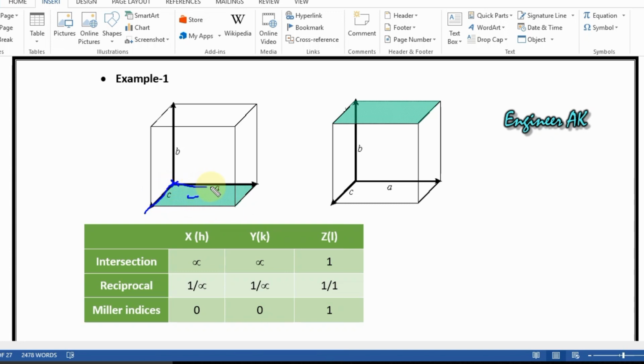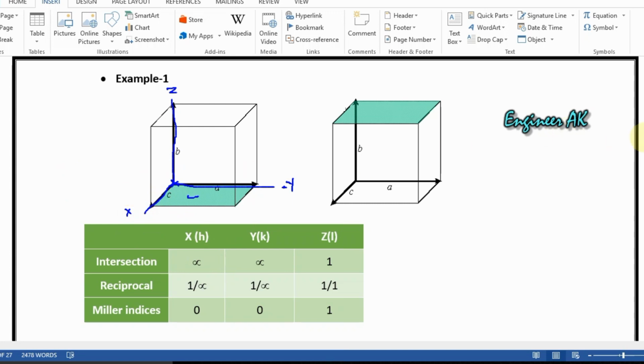Similarly, if I move along the y-axis, let me draw it here. I'm taking this as my y-axis, this as my x-axis, and this as my z-axis. If I move along the z-axis, the plane still is not cutting, so its Miller indices will be 0, 0 and 0.